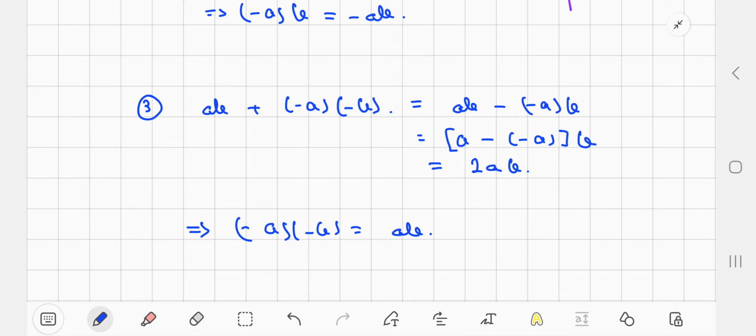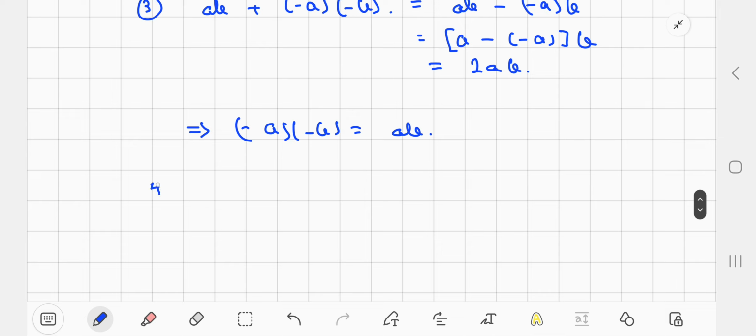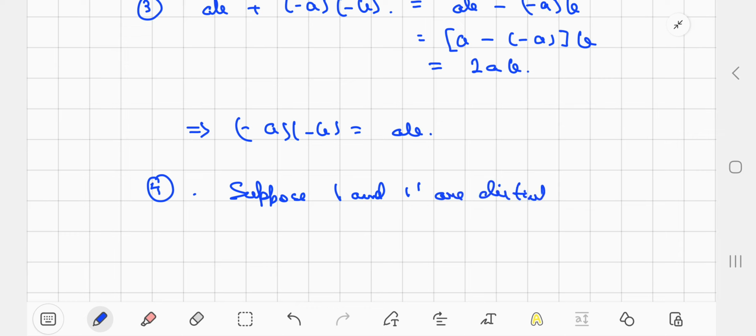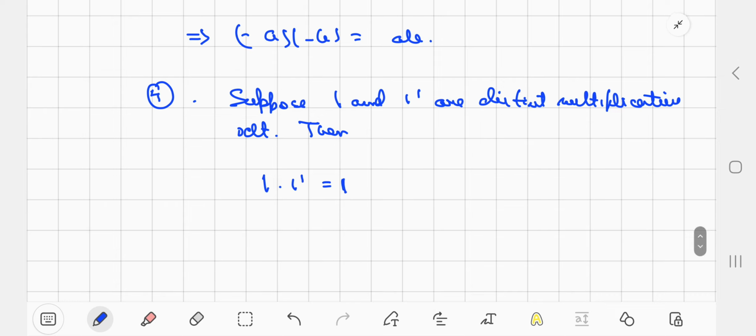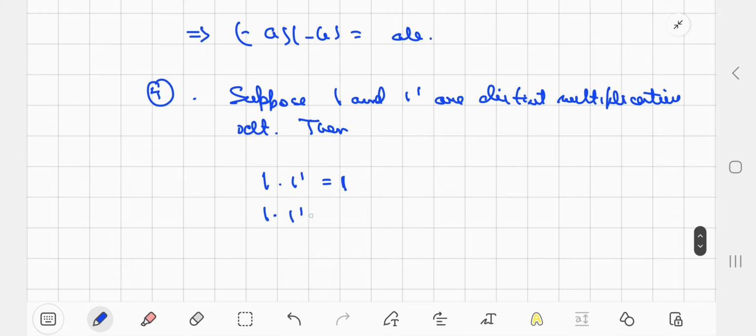Okay, now number 4, the uniqueness part is pretty obvious, because suppose 1 and 1 prime are distinct multiplicative identities, then by definition we have 1 times 1 prime to be 1, because 1 prime is a multiplicative identity, and 1 times 1 prime to be 1 prime as well, because 1 is a multiplicative identity.